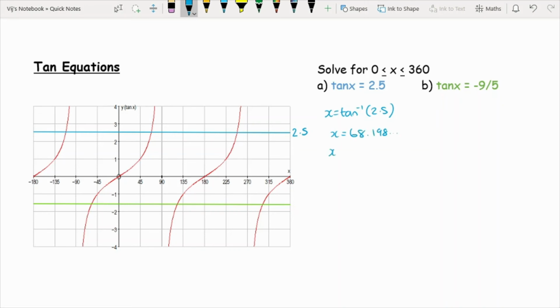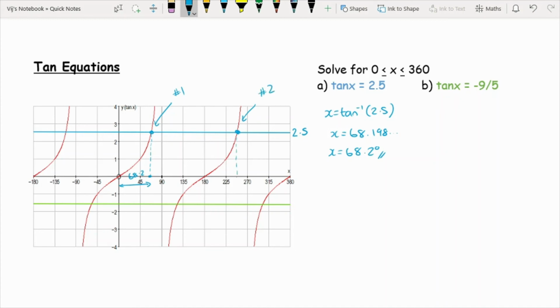So let's round that up to 68.2 degrees. Now, this tells me that this angle here, or the distance from the origin, is 68.2 degrees. So to find the second angle, which is here, so this is my first angle and this is my second angle.